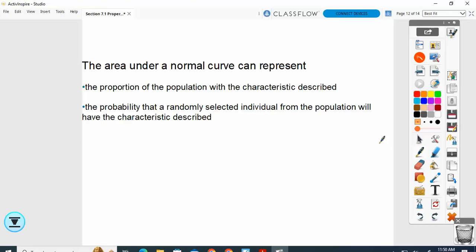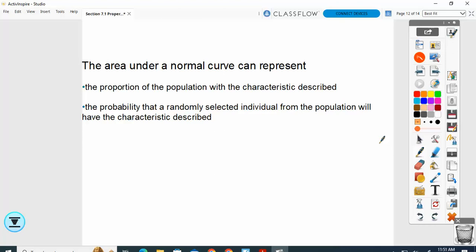So if I were looking at a normal curve for baby weights, okay, newborn weights, then I could look at the height of the curve at a given weight, and that percentage would be like the proportion. So if I had a 12.5%, I could say, 12.5% of the babies weigh this much or less. We could also think of it as a probability that something would occur.